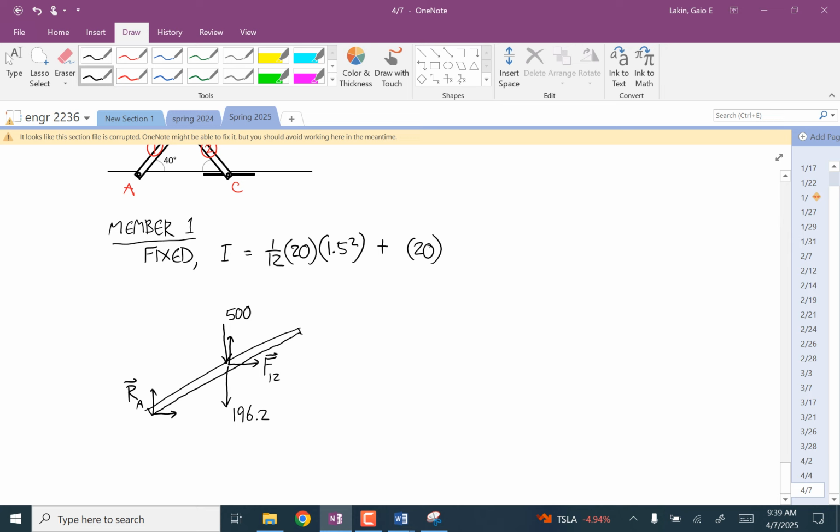So 20 times 0.75 squared. And that's 15. That's nice and clean.